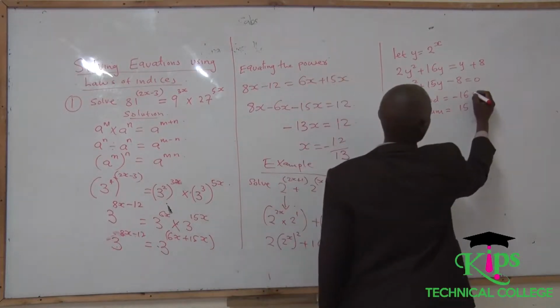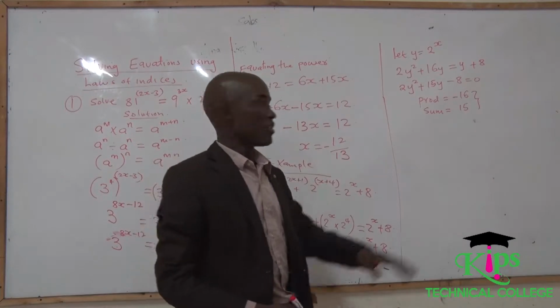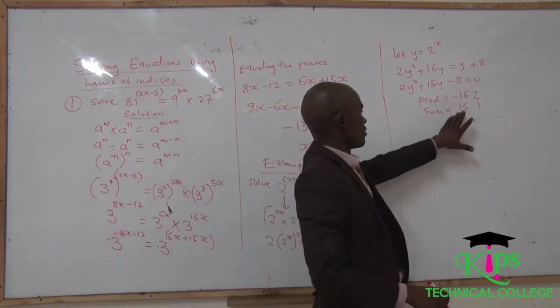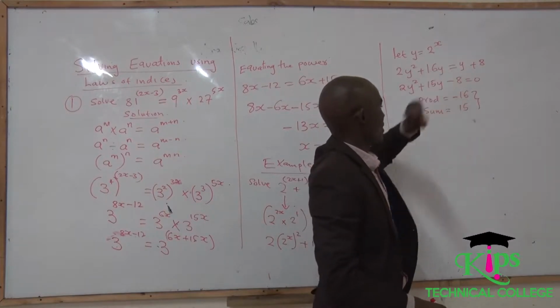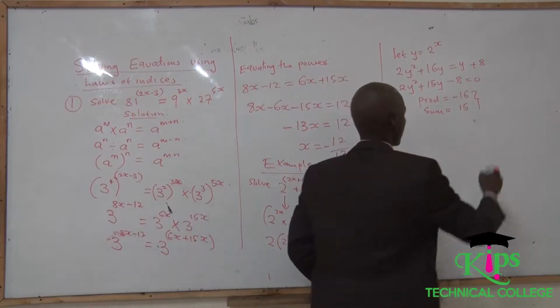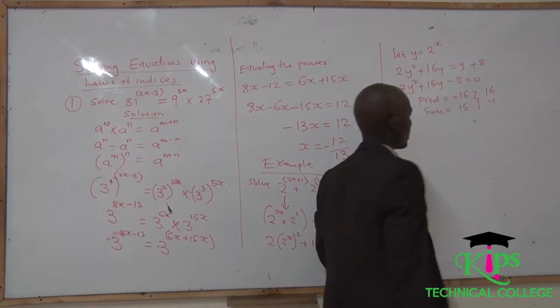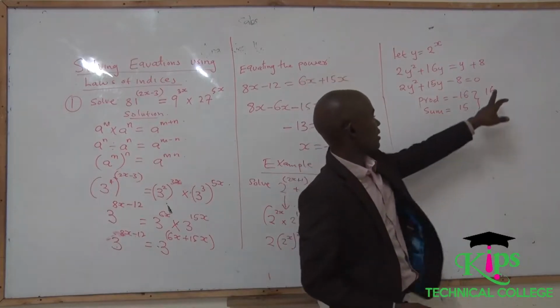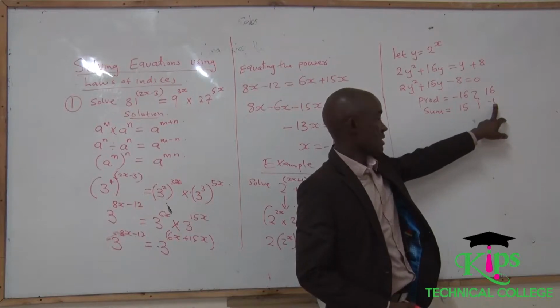You need to get the two numbers. If you multiply the two numbers, you get minus 16. If you add, you get 15. The two numbers are positive 16 and negative 1. So you can see if you take positive 16 times minus 1, you will get minus 16.